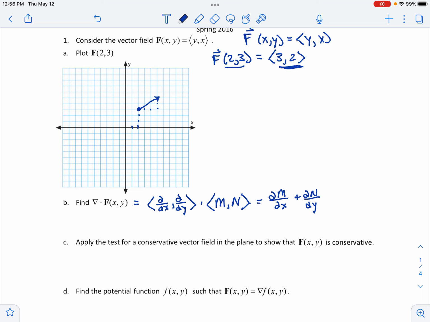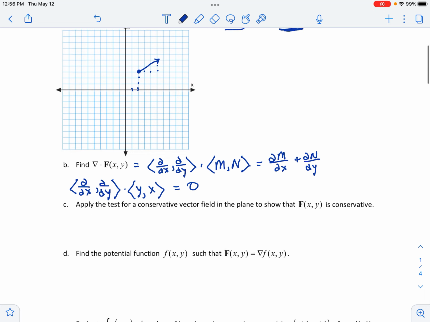So for our particular problem here, we've got the partial with respect to x, partial with respect to y, and this is the operator. We're just going to differentiate. So we've got y and x, and of course that's just going to be 0. See, partial of y with respect to x, well, that's 0. Partial of x with respect to y, that's 0.